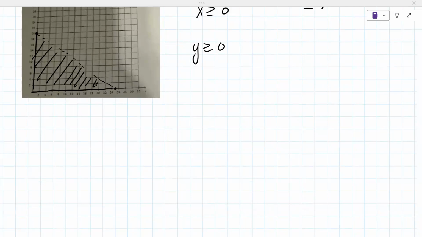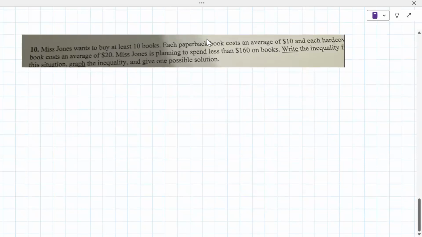So 10, you do have the right equation. You wrote this down in the other one. x is the paperback and y is the hardcover.